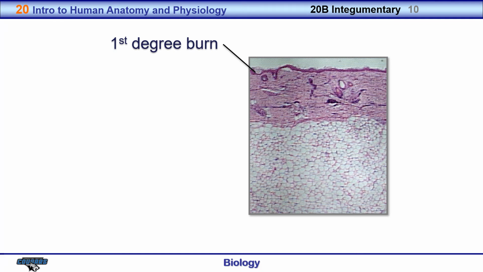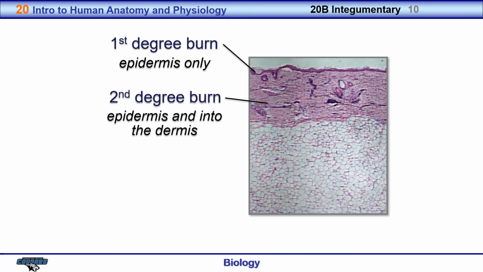Now, when we talk about burns to the skin, a first degree burn only damages the outermost layer. So only the epidermis is affected. A second degree burn would affect deeper than that, down to the dermis.